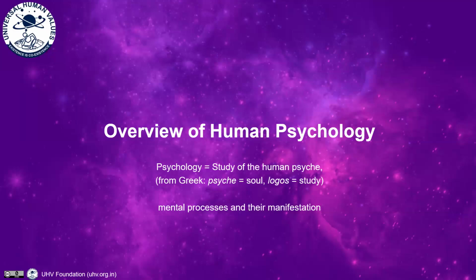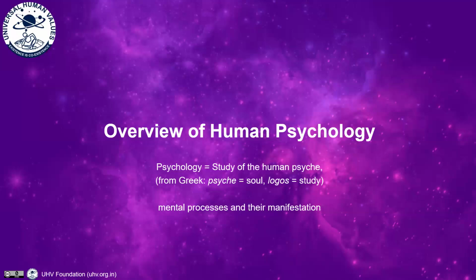Now, if you look at psychology, it is the study of the human psyche, and psyche essentially comes from the Greek language, and that means soul. So there is some reality which has been accepted across ages, across various civilizations, which we sometimes term as soul or mind or self.